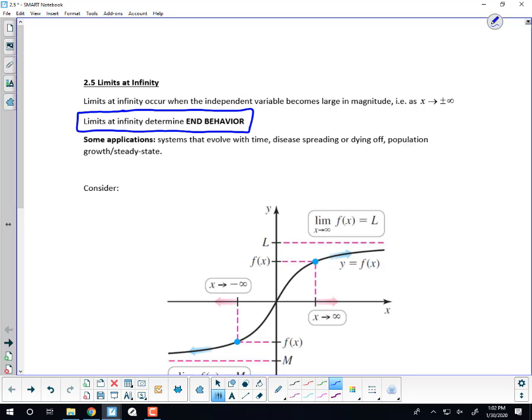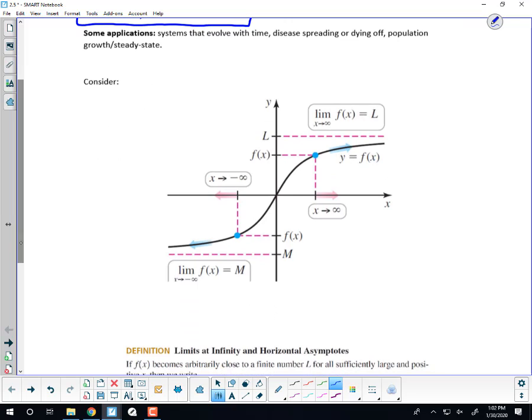Some applications of limits at infinity are the spread of a disease, population increase, whether the population levels out, that kind of stuff. This is just a diagram illustrating that idea. This is an actual function that you have seen before, and we'll address when functions have horizontal asymptotes and when they don't as we go through.